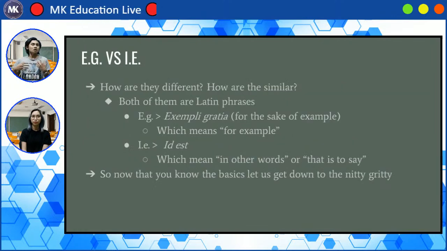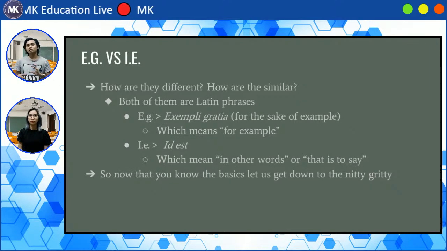Well, they are both Latin phrases that we have abbreviated and made into acronyms. E.g. is the acronym for exempli gratia, which literally translates into "for the sake of example."